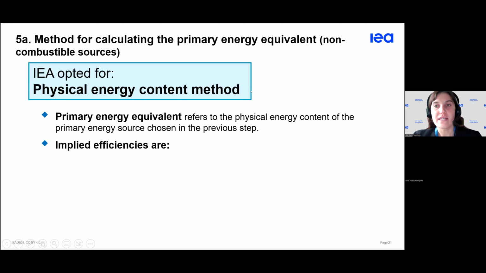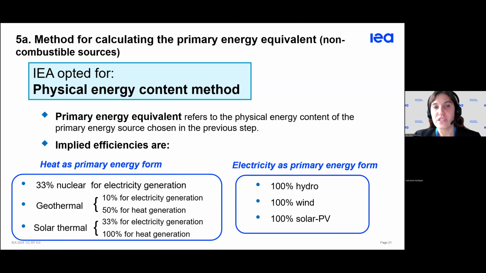Because of this, we have these implied efficiencies when we go from output to input, and the implied efficiencies for the various products are shown below. And so this is something that maybe you just have to remember when you're creating an energy balance, or have as a reference.